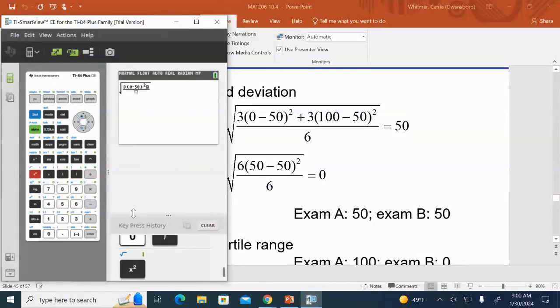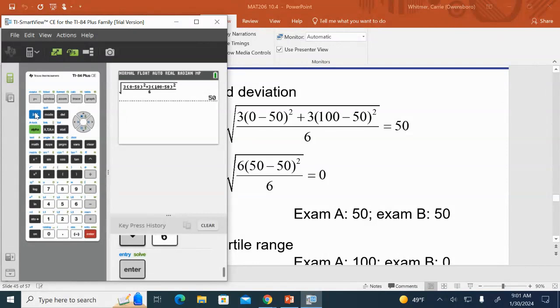And then hit your squared button and then plus 3 times 100 minus 50 and hit your squared button. We're going to do that over 6. That gives you 50.